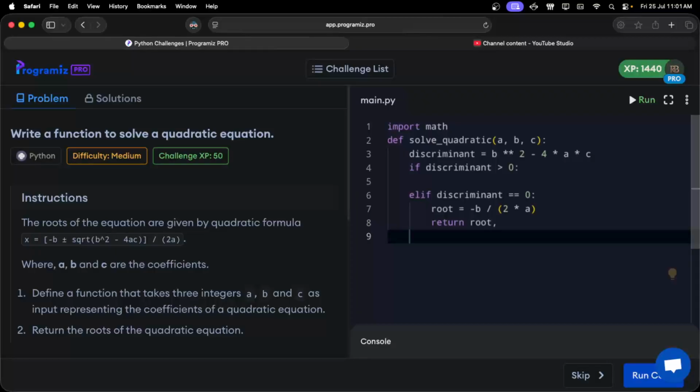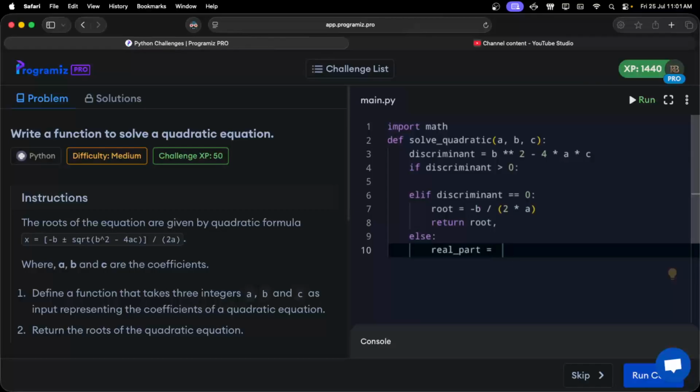Okay, and then else, if it is less than 0, of course there will be a real and an imaginary part to it, right? So what will be the real part? The real part will be the same thing, right?